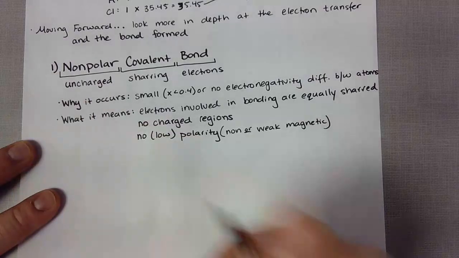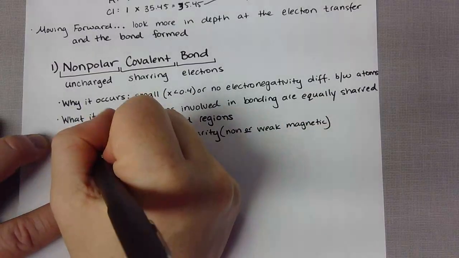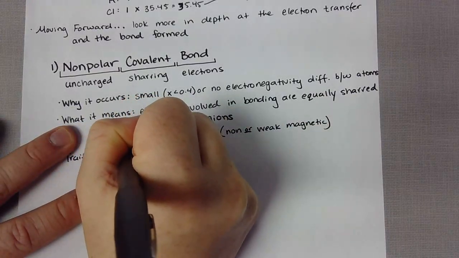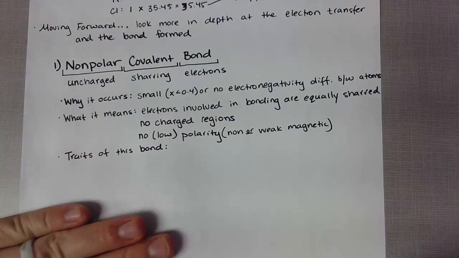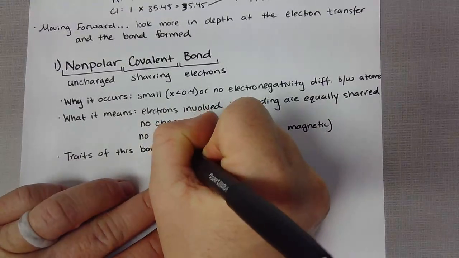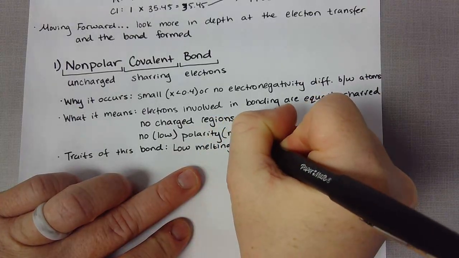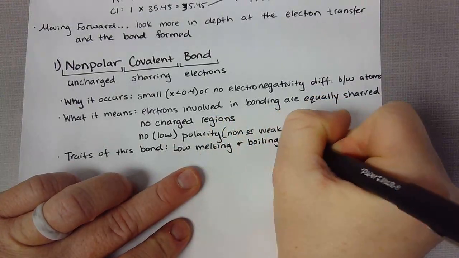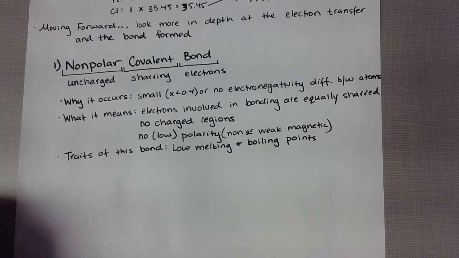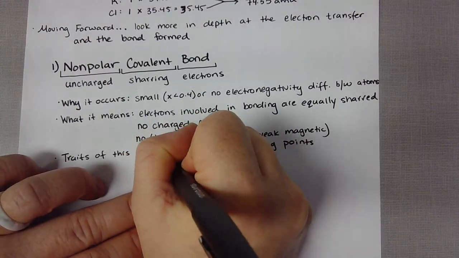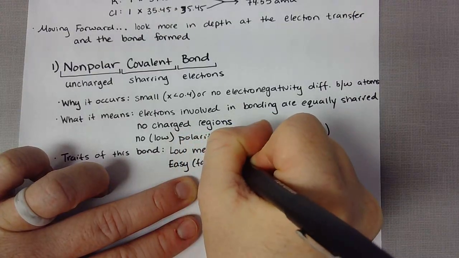Traits of substances with this type of bond: substances with uncharged bonds tend to have very low melting and boiling points, which means it is easy or fast to change their phase.